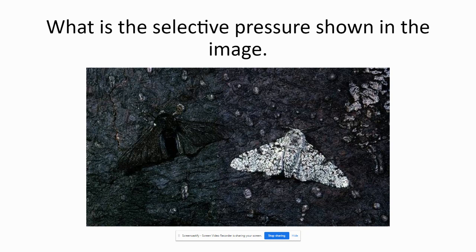This black background made black moths beneficial, because they are hard to see if you're a bird. But if you're white on a black background, you're easily seen, making you the first choice for prey to pick off. So once again, the selective pressure is the background, the tree bark. Does that make sense?